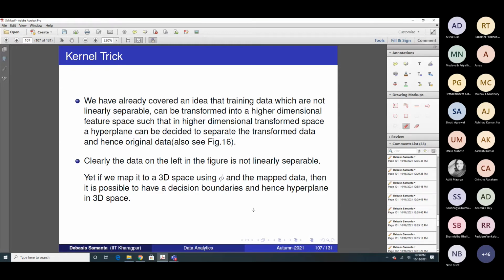The kernel trick says that if your data is nonlinearly separable, and you can use some function, this phi function, more precisely a kernel function, then this kernel function can automatically convert from the nonlinear region to the linear region. Again you see what the phi function is.